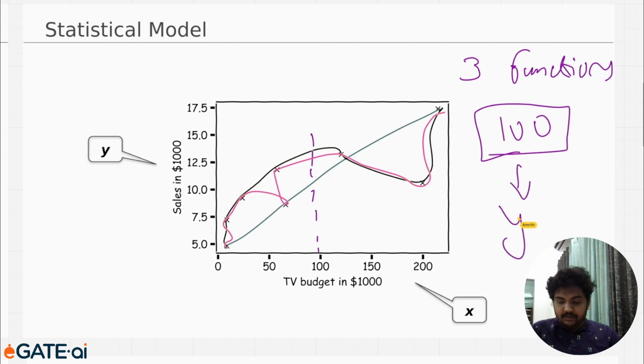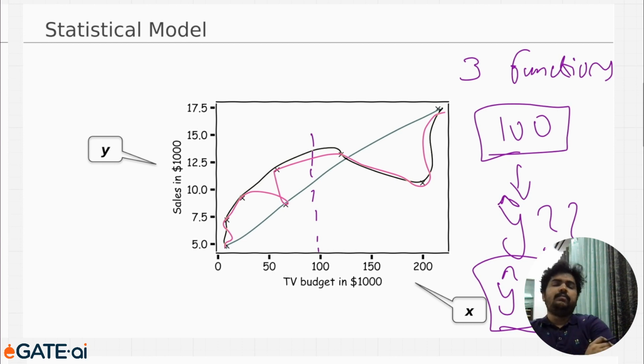What is my corresponding y? Or in other terms, what is my corresponding y hat? I have no idea. And how do I even decide what is that best line where the y hat is closest to y?